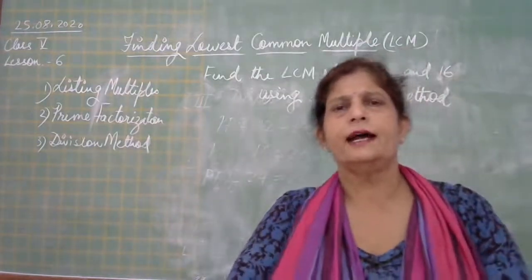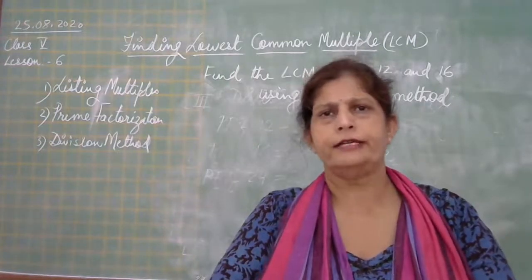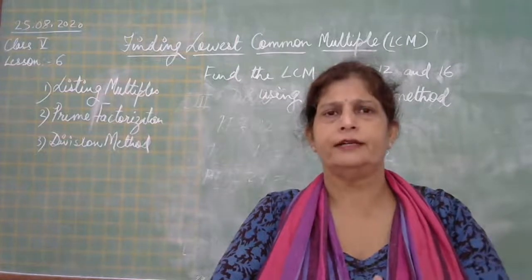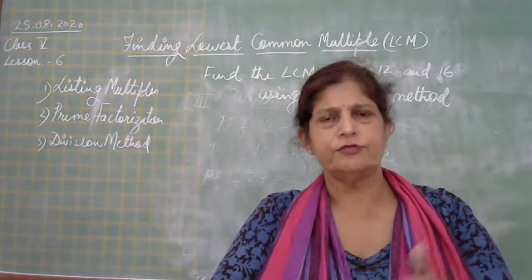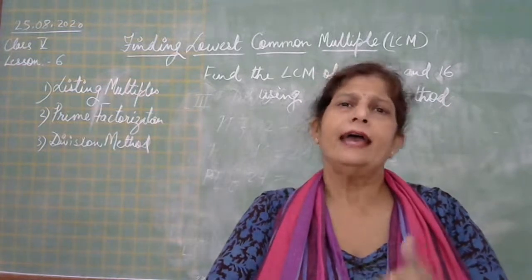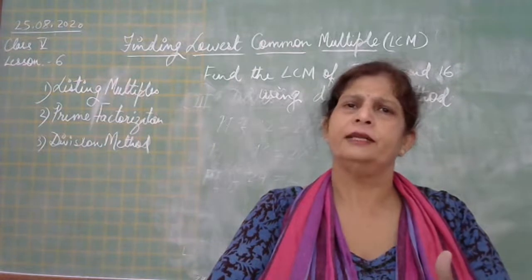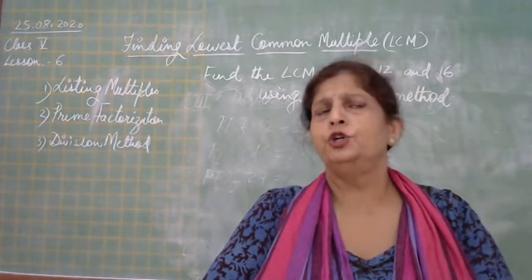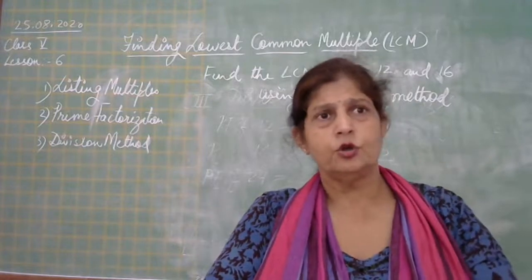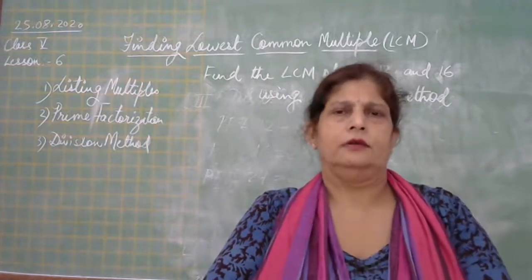In my next class, we'll talk about highest common factor, how to find HCF, with different methods. As we did LCM with different methods, we'll find HCF also using different methods. Now, why do we use different methods, students? We could do it only by listing factors, that is also fine, but these are little lengthy methods.